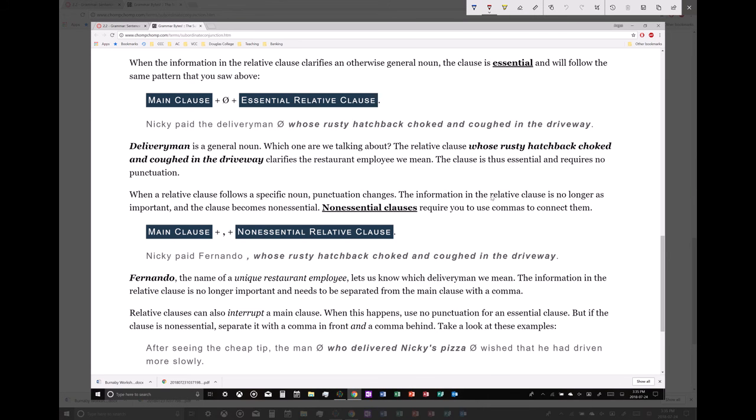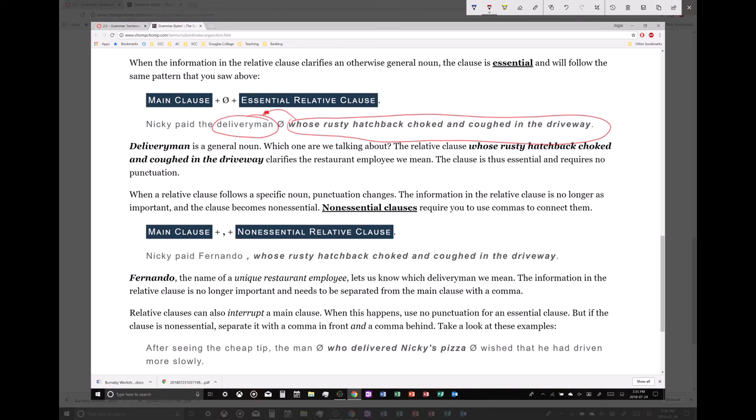And now we're going to study a new term, a relative clause. A relative clause describes something in the main clause. And in this case, this phrase, whose rusty hatchback choked and coughed in the driveway, describes the delivery man.